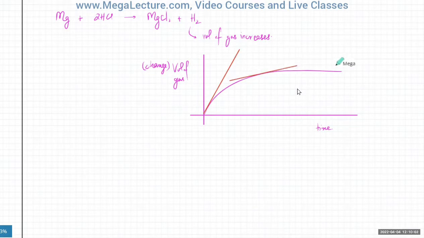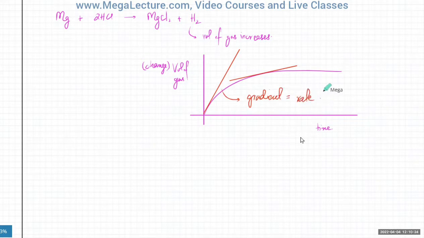Now the gradient continuously changes. Like if there's a runner running a race, his speed is not constant. So the reaction speed will vary with respect to time. So the gradient of this graph is equal to rate.